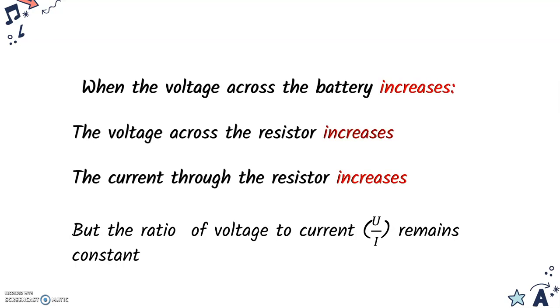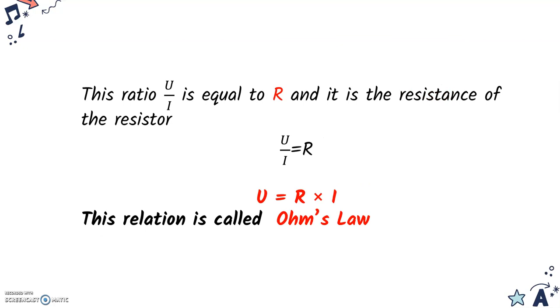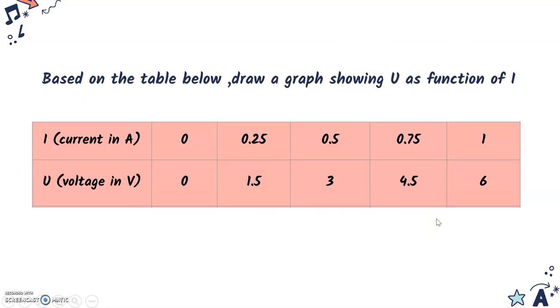I can read this slide in another way. When the voltage across the battery decreases, the voltage across the resistor decreases, the current through the resistor decreases, but the ratio remains constant. This ratio is called resistance R. And if I do a crisscross multiplication, I will obtain U equal RI, which is Ohm's law.